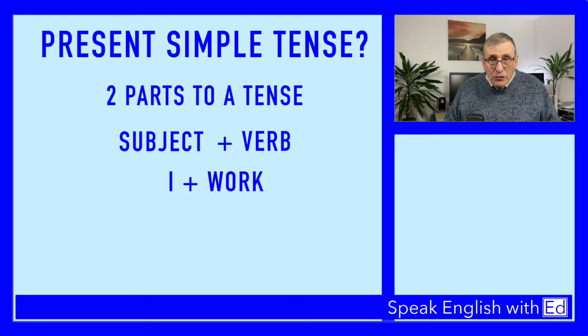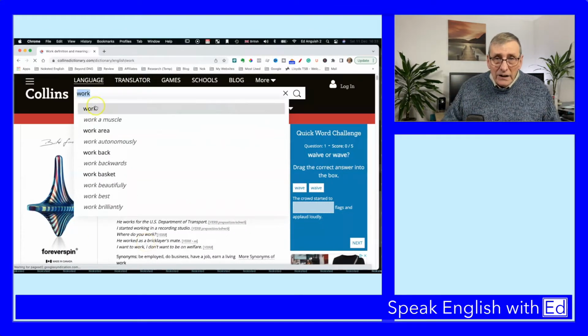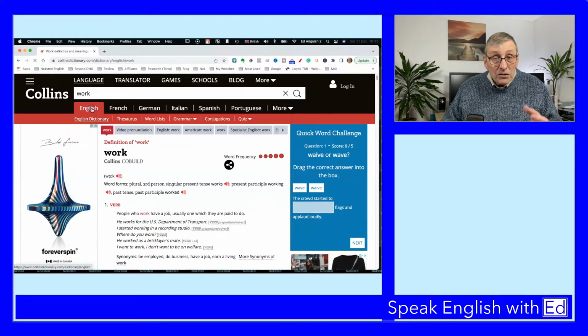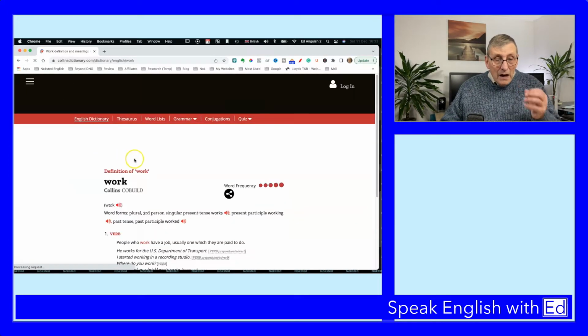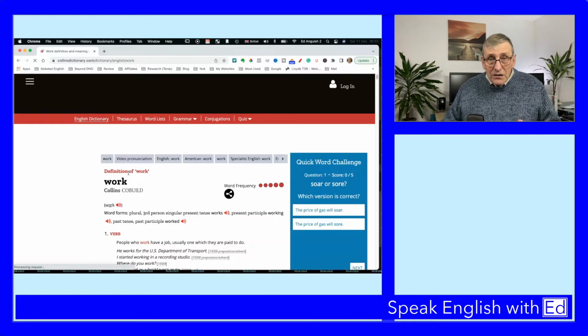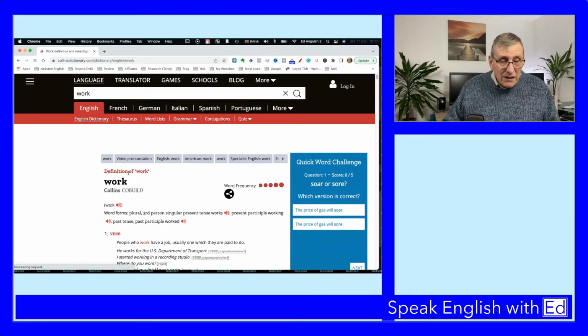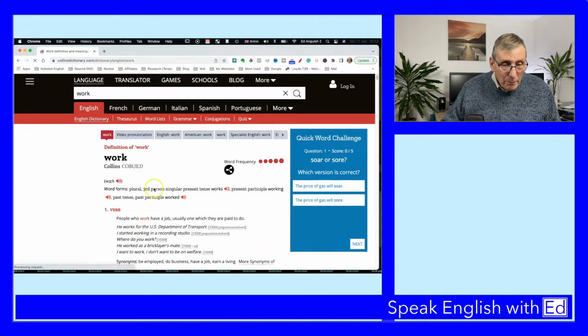It's in its root form as you find it in the dictionary. Now the root or basic form is the first word that you find in a dictionary. That would be the first word, as long as it's a verb, of course. Work is the first verb that you see in the dictionary. If you look here, it's this one.